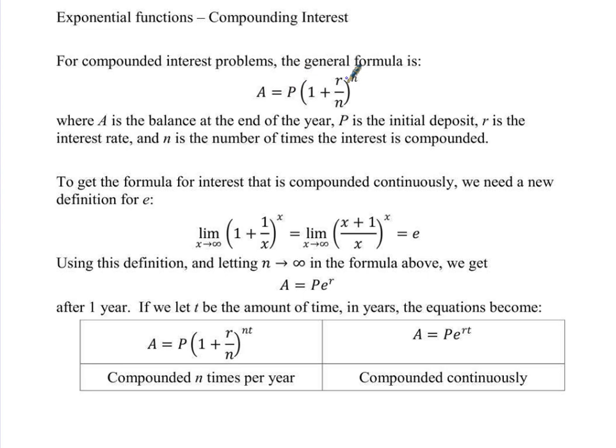R is the interest rate expressed as a decimal. N is the number of times that the interest is compounded: monthly, yearly, quarterly, weekly, daily, continuously, things like that. And then N in the exponent is the same as the N down here. I need a t here. Pretty sure there should be a t there. Yeah, there is.